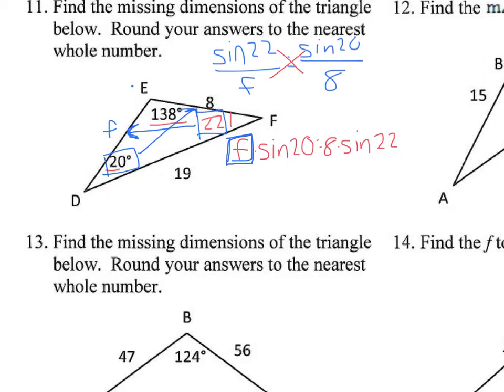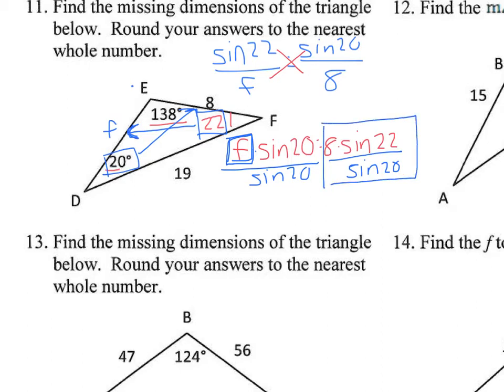F is being multiplied by the sine of 20, so in order to get f by itself, I have to divide by the sine of 20. Divide both sides by the sine of 20. Then you can put all of this into your calculator. 8 times the sine of 22 divided by the sine of 20, and you will end up with f is equal to about 8.76.